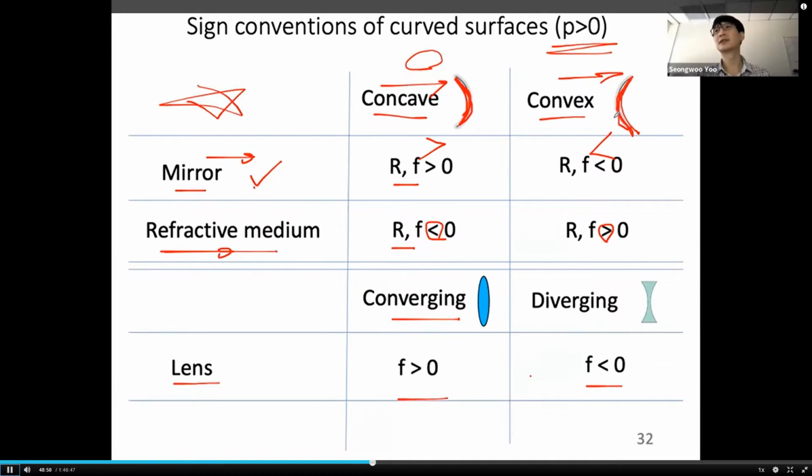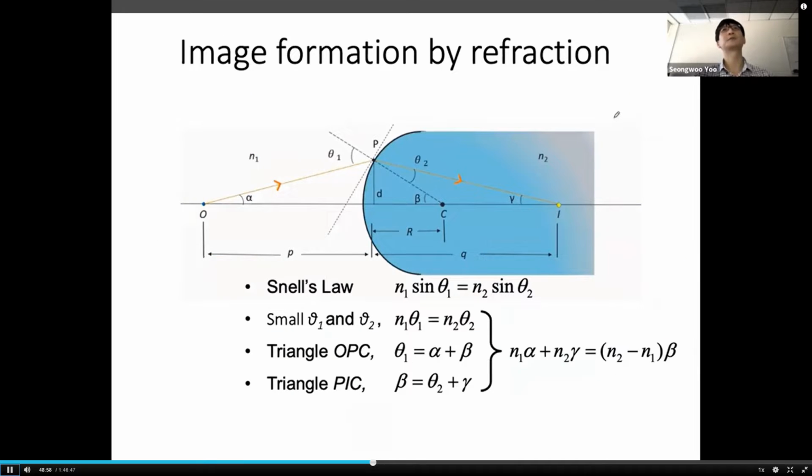All right, thanks. Any other question? All right, then I'm going to move on to the next part. Now, we have some idea about the sign conventions with this water tank, okay? And then we can also find the image location, and define the nature of the images, based on some equation.